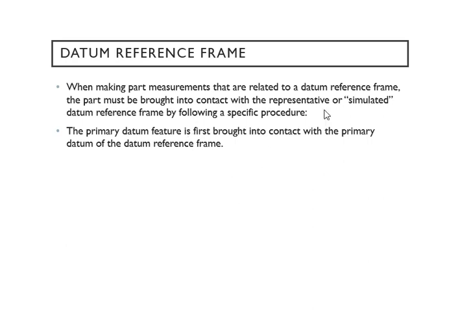So basically, when you have the datum reference frame, of course I'll show you as we go into the chapter, you have three of them. The very first one is your primary datum feature. All the datum features, you definitely need to bring into contact with your primary datum from the datum reference frame.